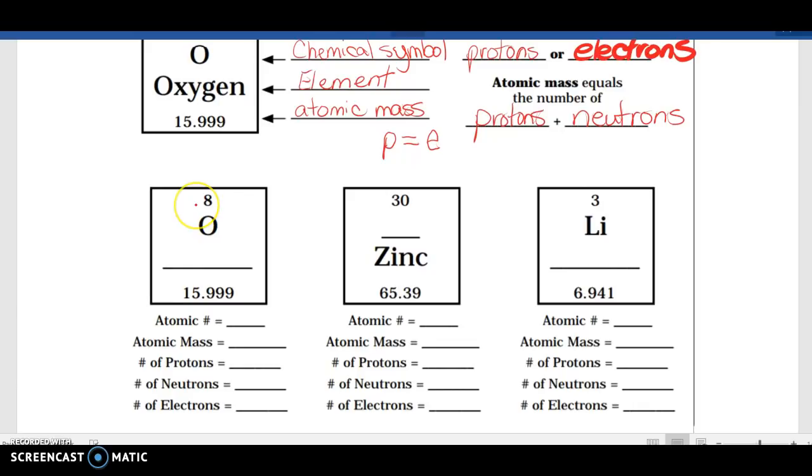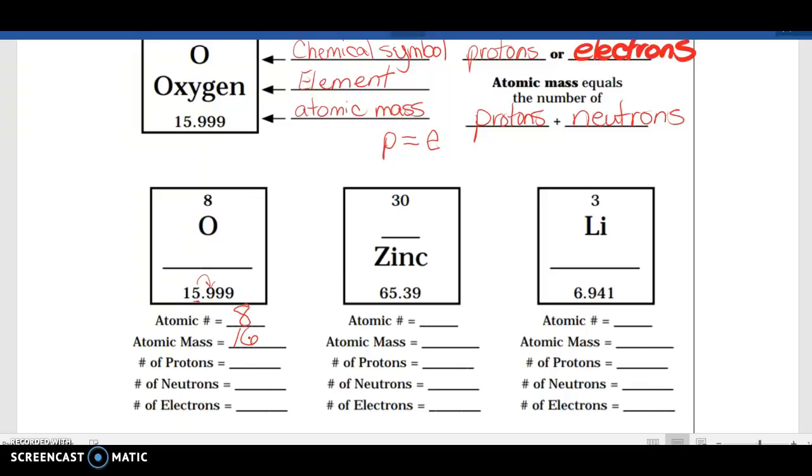So let's do oxygen together. We just started. The atomic number, it would be that nice whole number, is 8. The atomic mass is 15.99999, but we round it to the nearest whole number. So if we look next to it, 9 means that we'll round to a nice 16.